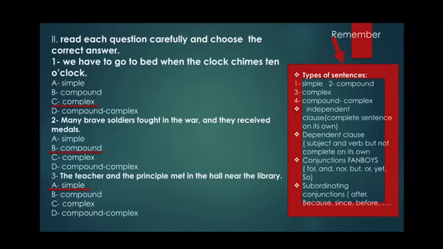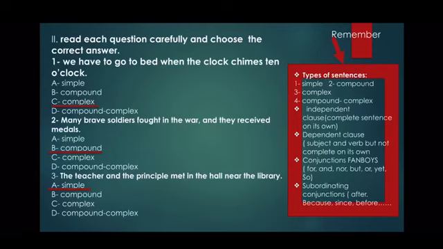Okay, now read each question carefully and choose the correct answer. So you should read the sentence carefully so that you can do the question. We have to go to bed when the clock chimes 10 o'clock. So we have to go to bed when the clock chimes 10 o'clock.